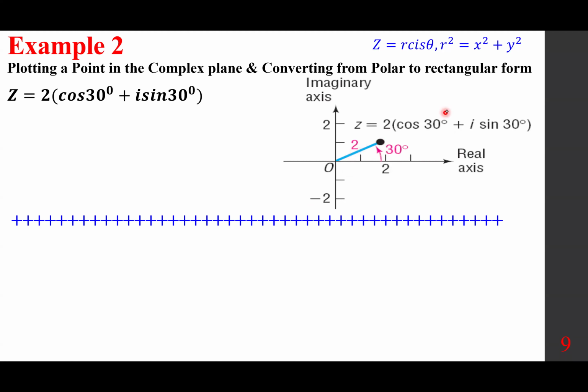That would be the R. R is 2. Real axis, imaginary axis. So we said this is square root of 3 over 2 with the sine of 30 being 1/2. And when you multiply by 2, the denominators both go away. We get square root of 3 plus I.